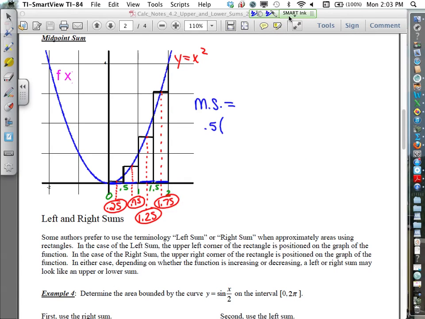Now the heights. What was the height at 0.25? 0.0625? At 0.75 you get what? 0.5625? 1.25? 1.5625.